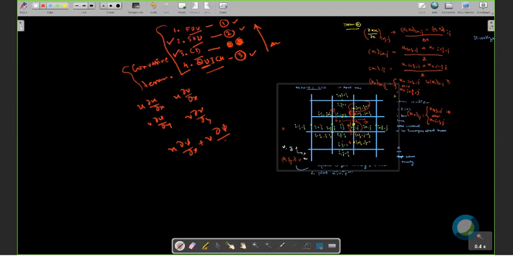These are the convection terms. For these terms, we have seen the first order upwind method. In the next class, we will see the other methods. Okay, so I'm stopping the class.